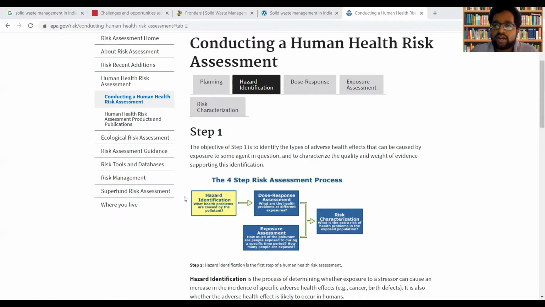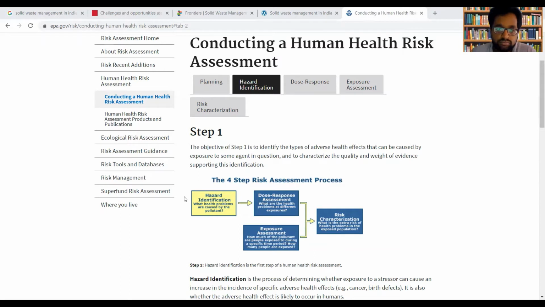You call it hazard identification. After hazard identification, the next step is known as dose response assessment. What do we mean by dose response assessment? At different exposures, what are the different health problems that are created? You call it the dose response assessment.